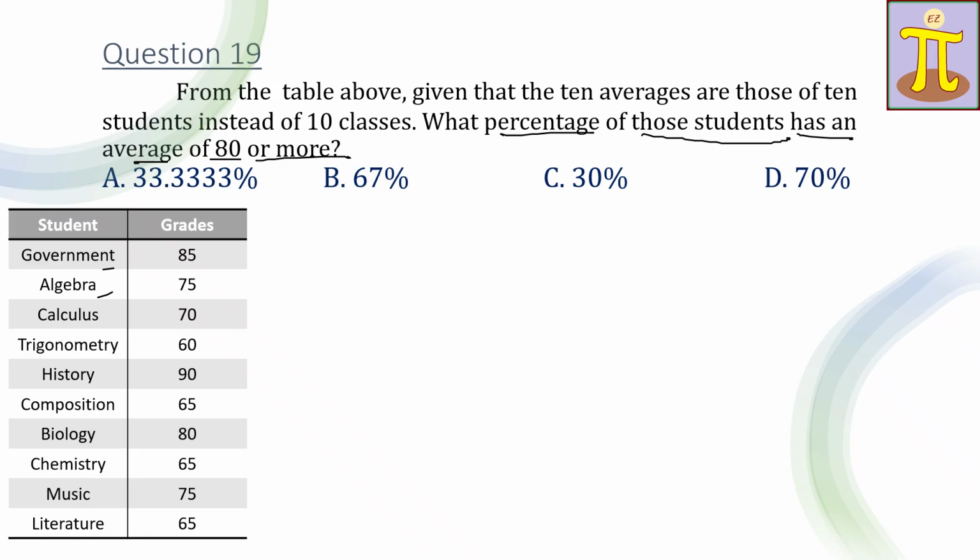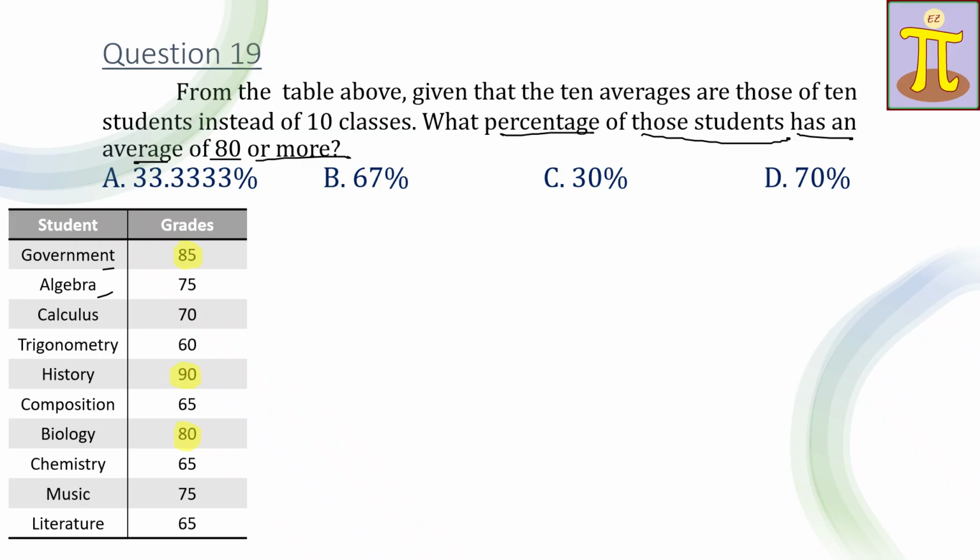So the percentage is taking how many students have 80 or more than 80. So we have to count on this. Let's highlight the ones who have 80 or more. So 85 is more than 80, 90 is more than 80, and 80 is the same as 80.